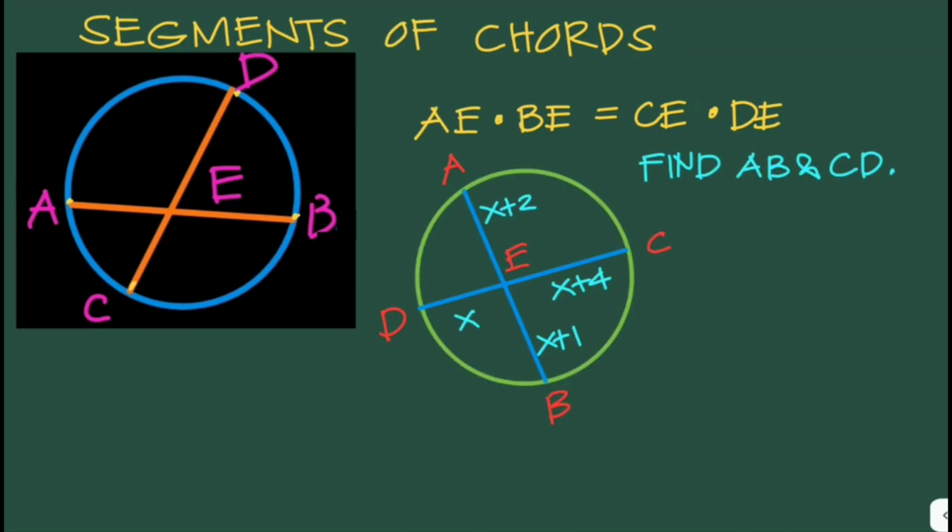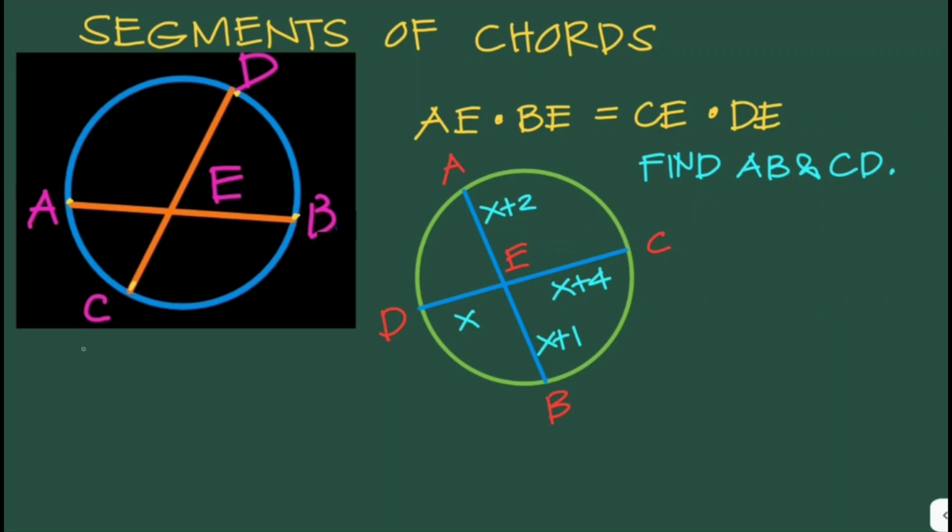All right, given this problem here, we need to find the lengths of chords AB and CD. We're given the lengths of the segments of each chord.